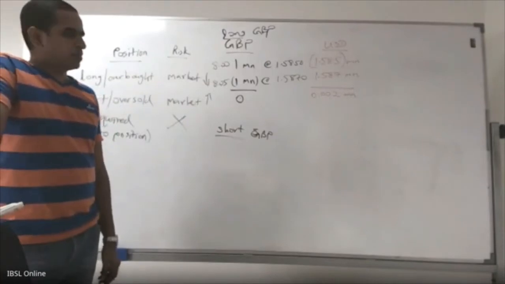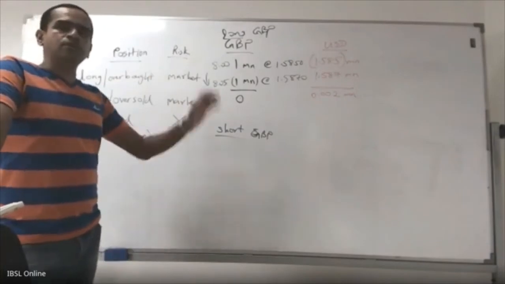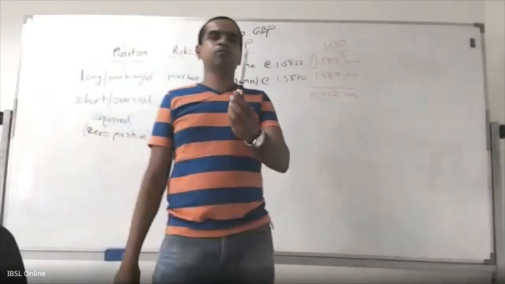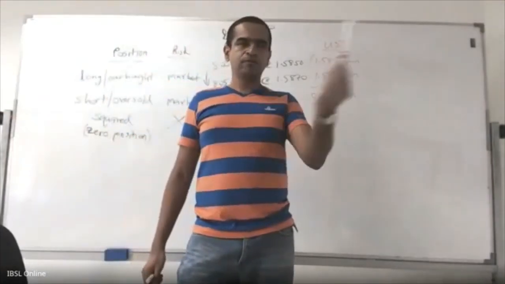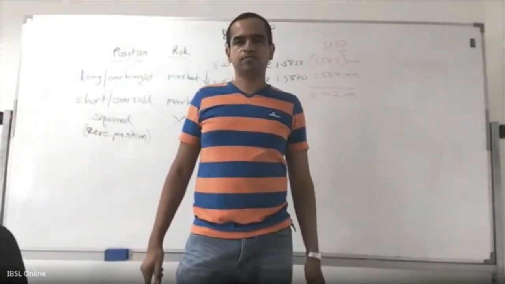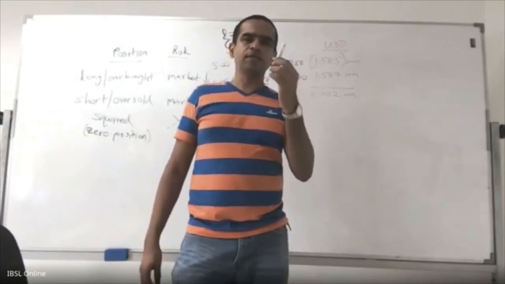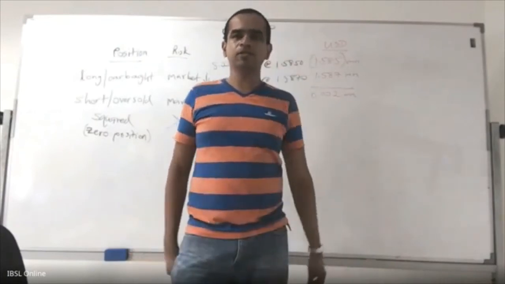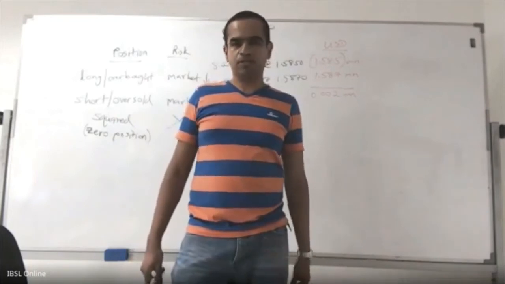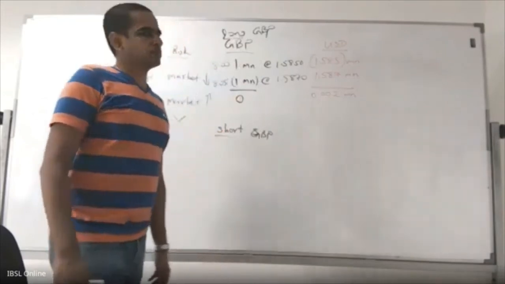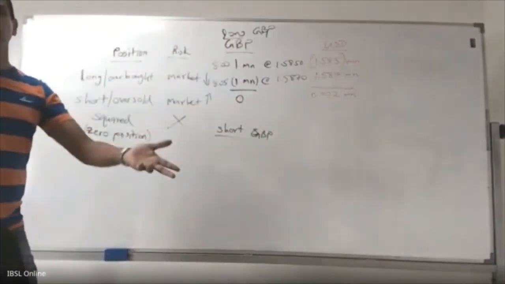Short means you are selling what you don't have. Now, for example, if I bought this pen and if I sell it, then I'm not short. But if I never had this pen, but I have promised to sell it to someone, now I am short. That is short selling. You can sell an asset if you don't have it.